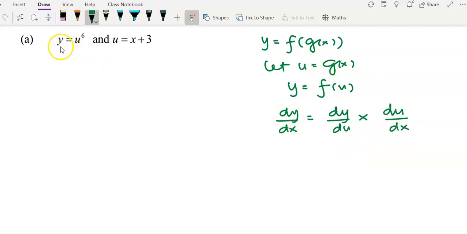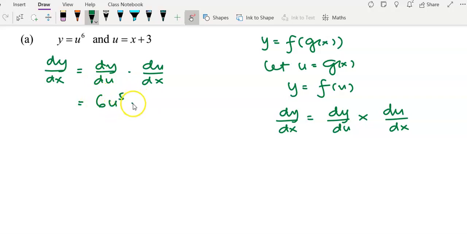So here I have my y equals u to the power of 6 and u equals x plus 3. I would like to find dy dx. I use the chain rule, which is dy du multiplied by du dx. dy du means differentiating y with respect to u. We get 6u to the power of 5.